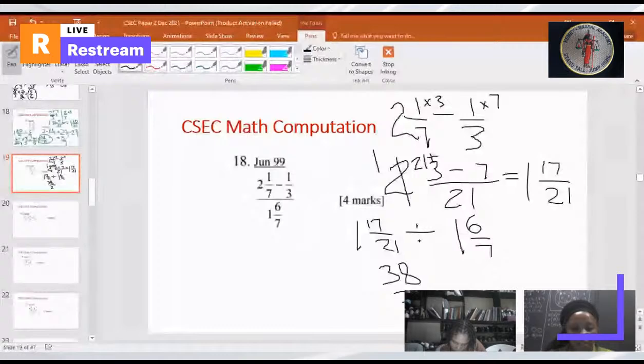Change the division to multiplication. 7 times 1 plus 6 is 13 over 7, and we invert that: 7 over 13.